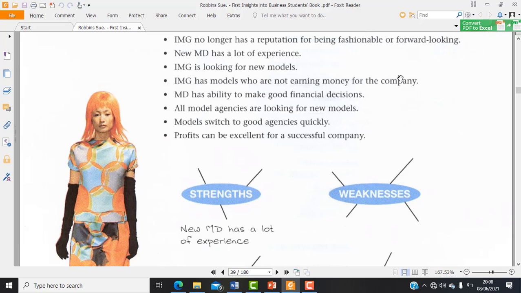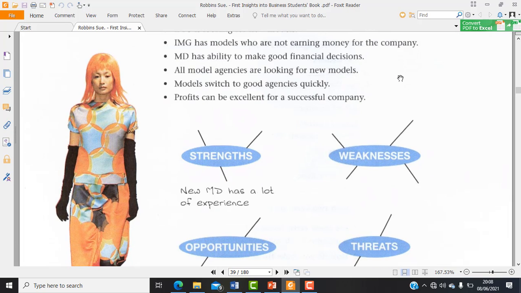And model switch to good agencies quickly. Dan model itu gampang beralih agensi. Itu maksudnya ke apa ya? Ke threats atau opportunities. I think it can be the opportunities. It can also be threats. Yeah. And the last number, profits can be excellent for a successful company. Keuntungan bisa sangat bagus untuk perusahaan yang sukses itu masuknya ke opportunities.